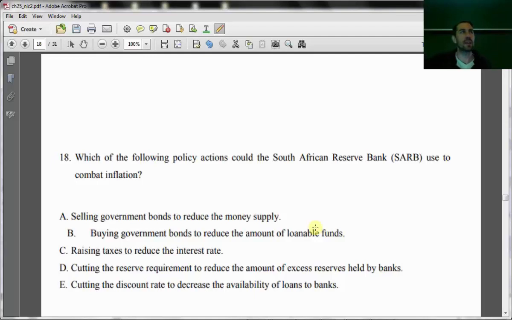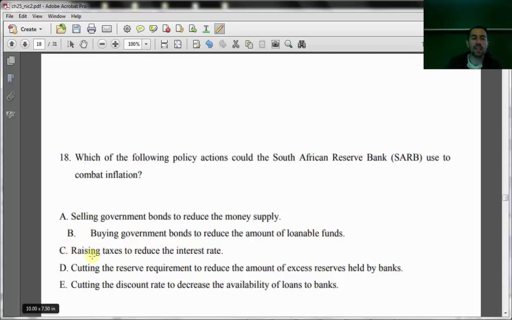What do the banks do with that cash? They can lend it out. When they lend it out, that starts the money multiplier process, and money supply increases. So you're happy that option B is incorrect. Regardless of the second part, buying the bonds is not going to reduce the money supply.